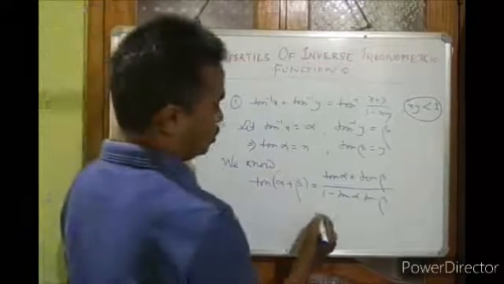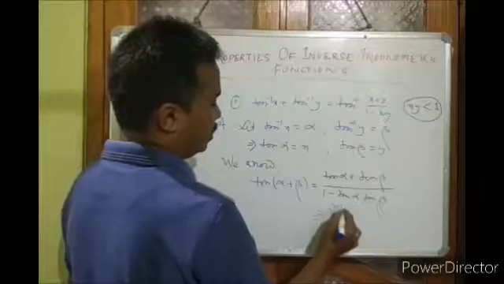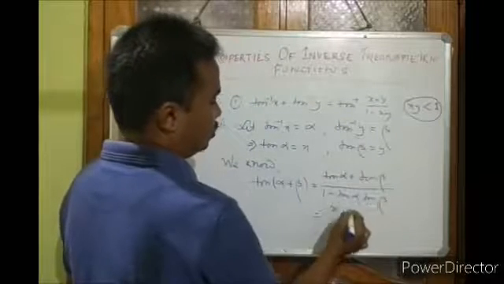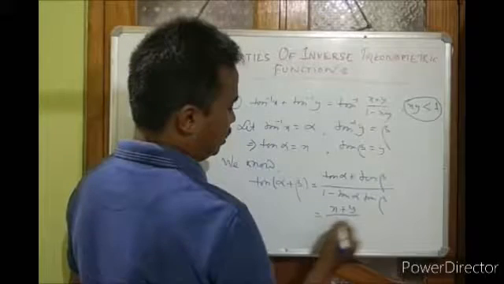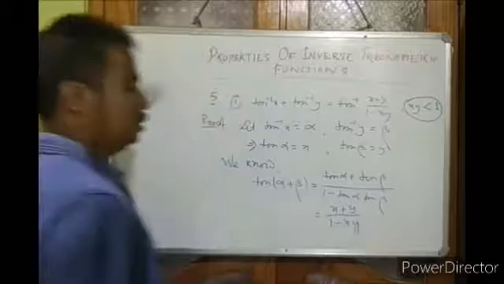So this is equal to, tan alpha is equal to x and tan beta is equal to y, so (x plus y) divided by (1 minus xy).